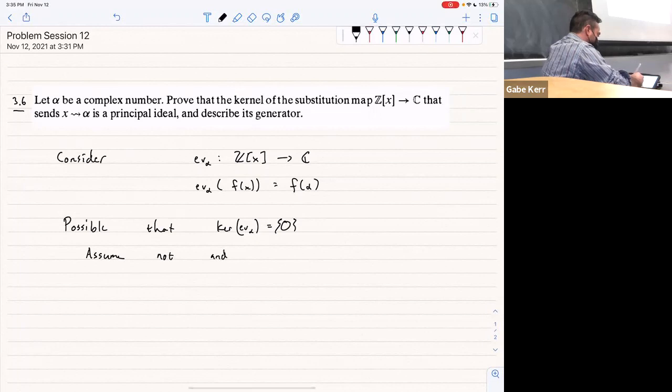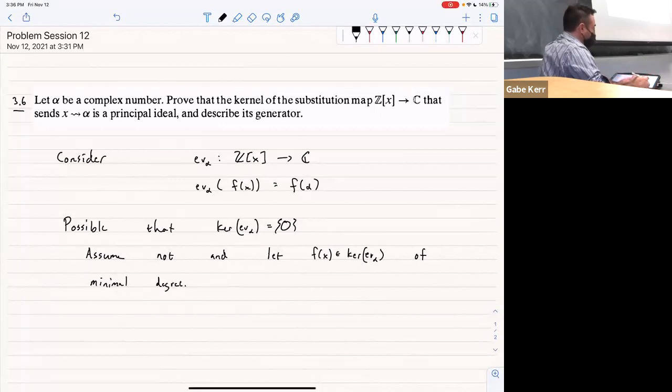And let f of x be something, and we also maybe want to make an assumption. I want to say something else, which I haven't defined.